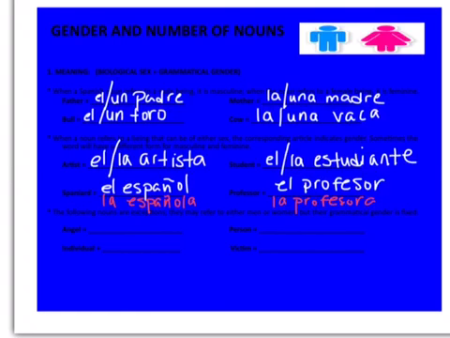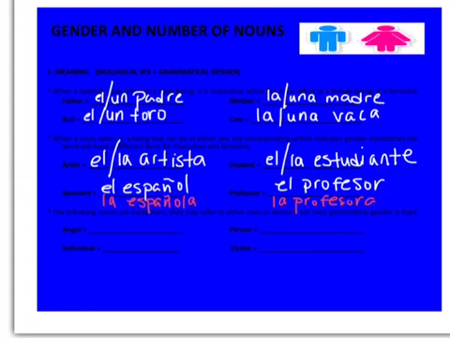If you're talking about a male Spaniard, you will use el español. If it's a female Spaniard, la española. If you're talking about a male professor, you will use el profesor. If it's a female professor, use la profesora.